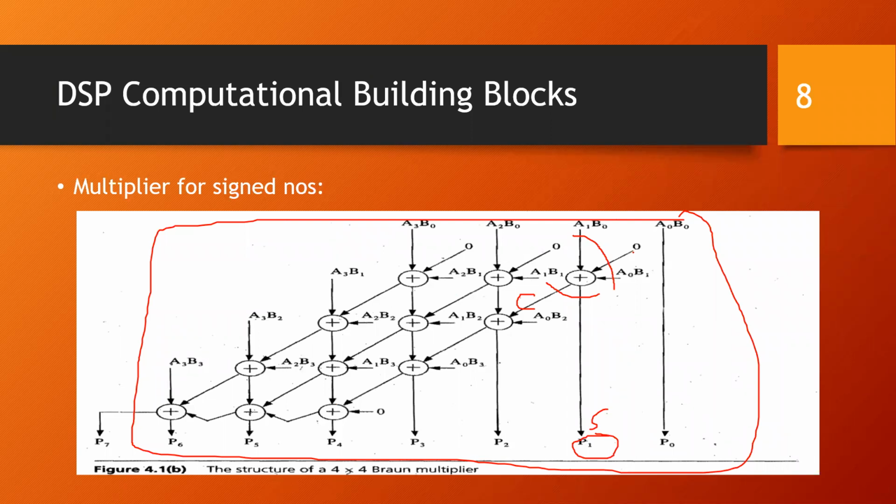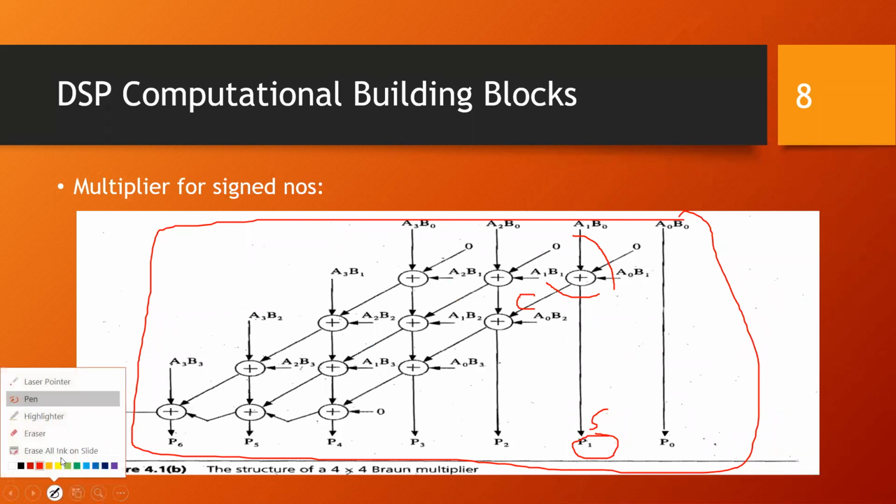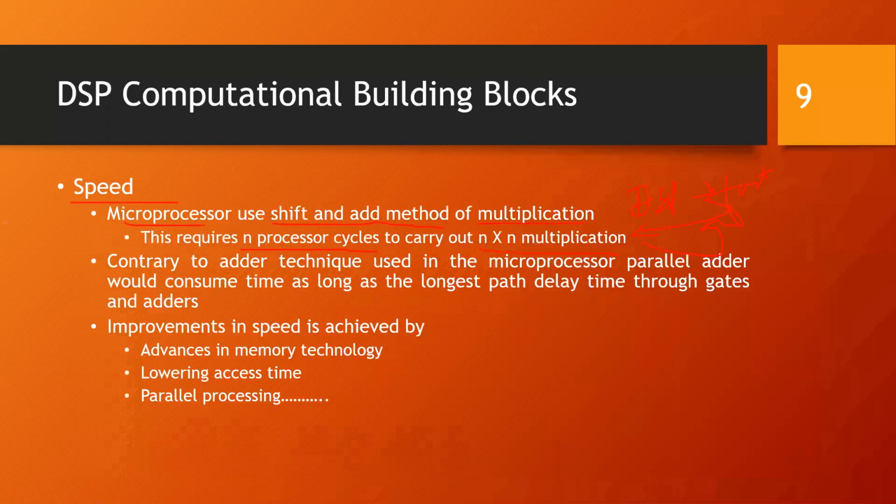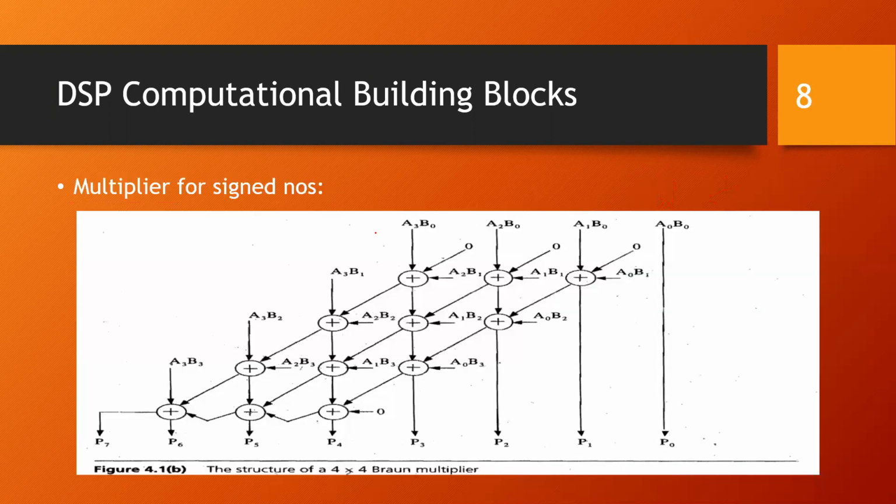So here, what happens is the overall delay in this case. In a microprocessor, it takes n processor cycles. The same operation in DSP could be completed within one cycle. But the delay depends on the maximum path delay present in this entire structure.